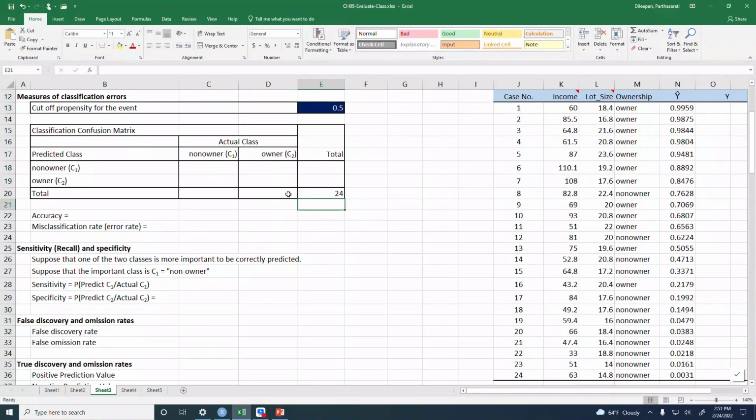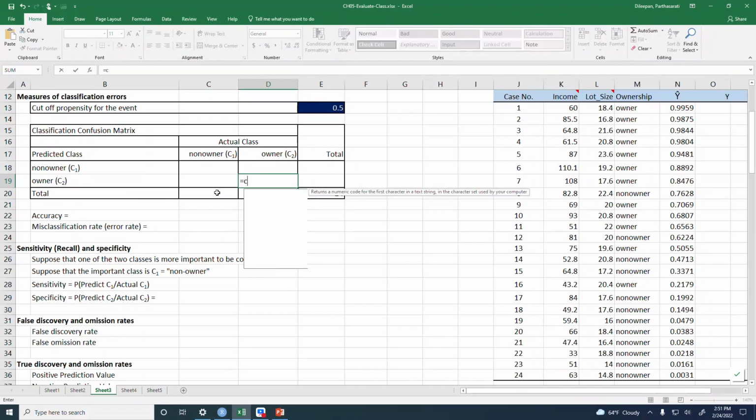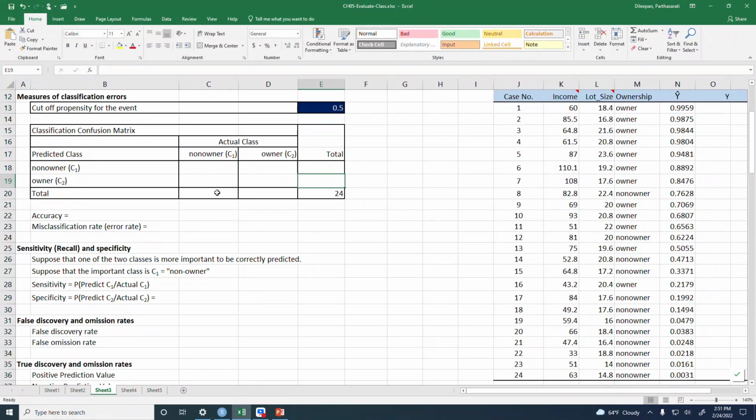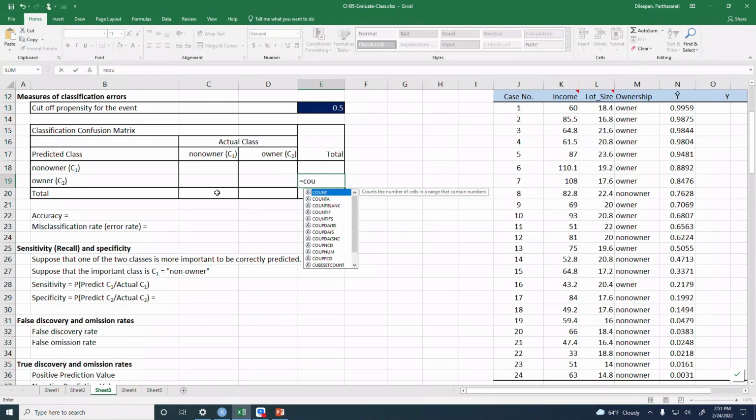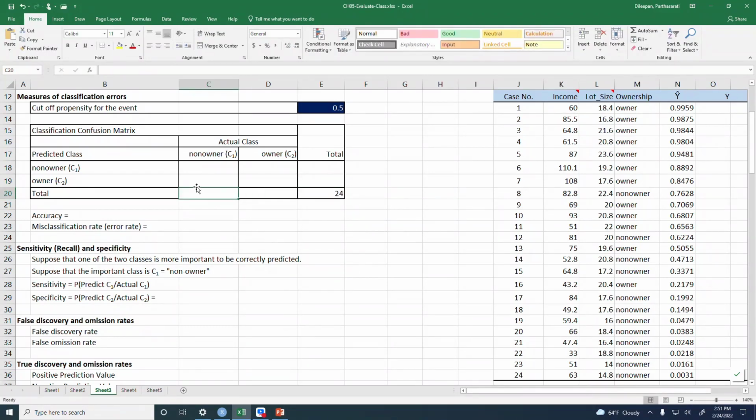All right. Now this probability is for owner. So well, let's do this first. We can do the actual class. Okay, so that's what we would do.